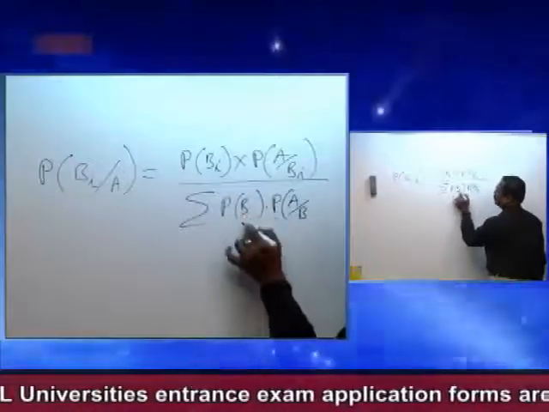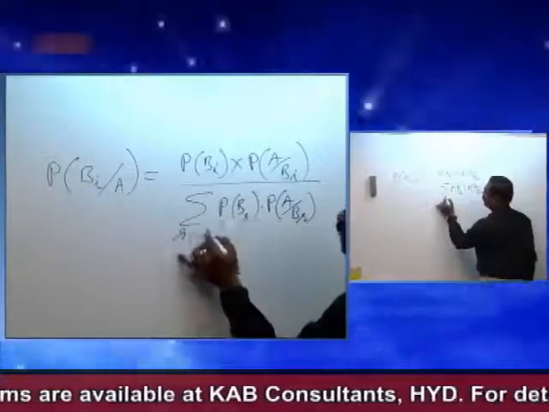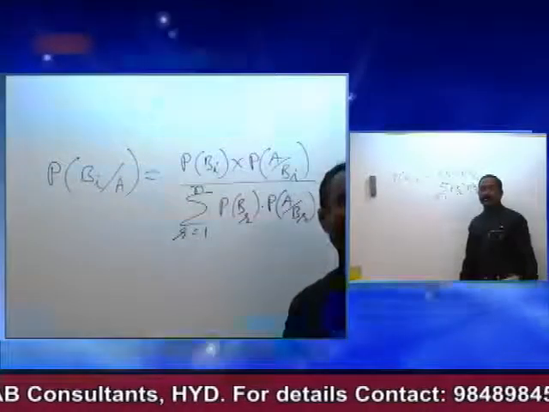You can take it as R also, not a problem, because we have taken a particular event as i. This R runs from 1 to n. N mutually exclusive events are there.